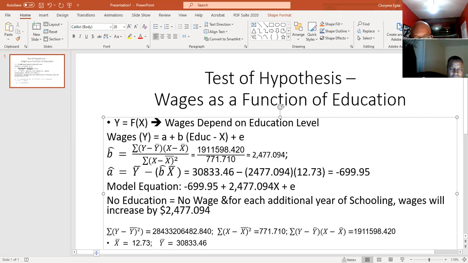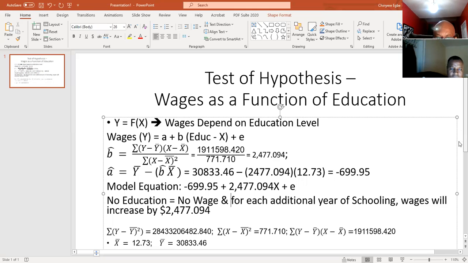Now, the other question we ask is, does education truly significantly affect wages? Remember, once you do an estimation, you're going to get some numbers, but those numbers don't mean anything until you do a test of hypothesis.